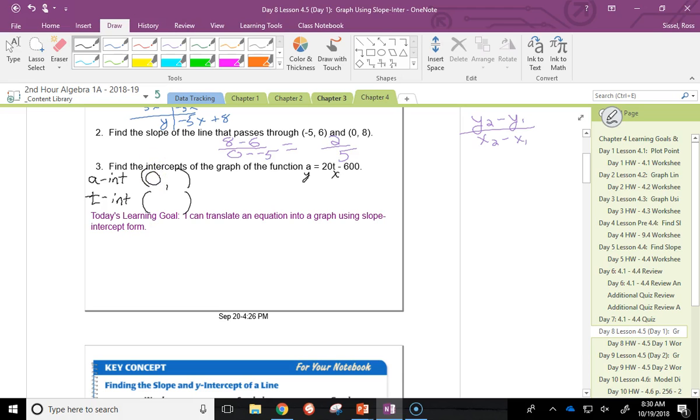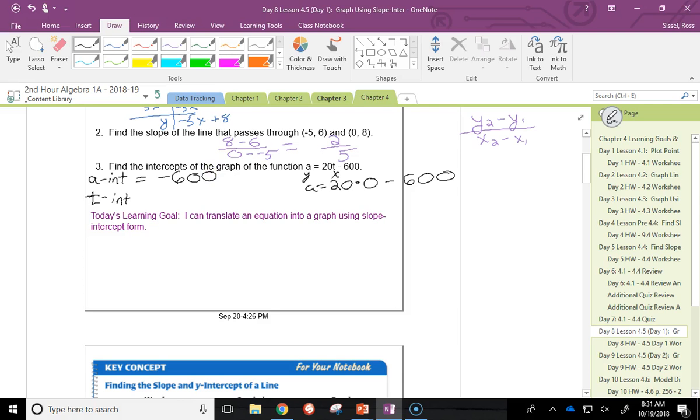So a equals 20 times 0 minus 600. 20 times 0 is 0. So a's intercept is negative 600. And even if it didn't ask you for the coordinates, you can just say a's intercept is negative 600.